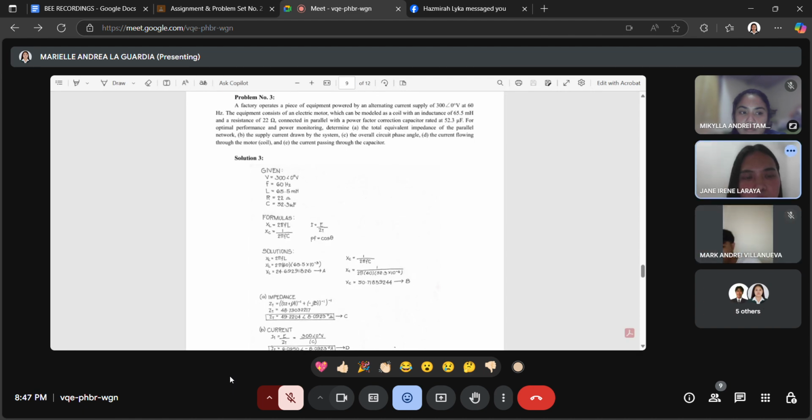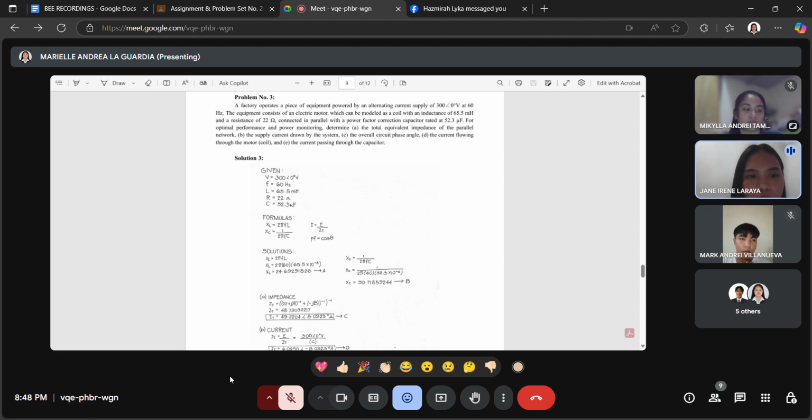So next is problem number 3 for hard. A factory operates a piece of equipment powered by an alternating current supply of 300 angle 0 degrees volts at 60 Hz. The equipment consists of an electric motor which can be modeled as a coil with an inductance of 65.5 millihenries and resistance of 22 ohms, connected in parallel with a power factor correction capacitor rated at 52.3 microfarads.